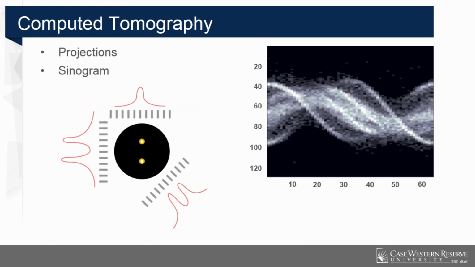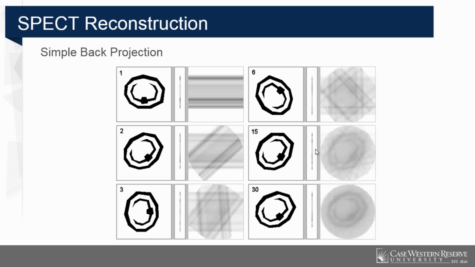So speaking of reconstruction, you guys are very familiar with this coming from CT. So this is a phantom, two point sources or line sources, different angles, different projections will give you different profiles. Put them together is a sinogram, looks like spaghetti. So to get the image back, you need to do reconstruction from projections. But simple back projection will not do the trick, as you already learned from CT.